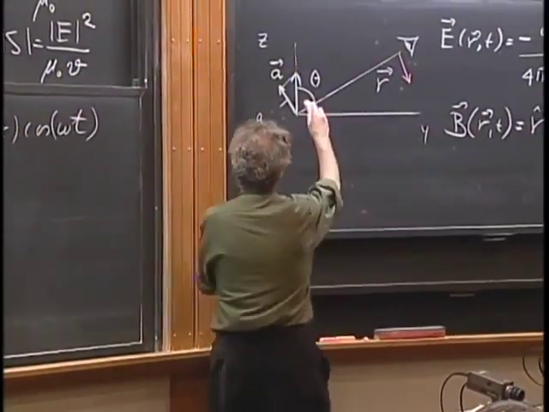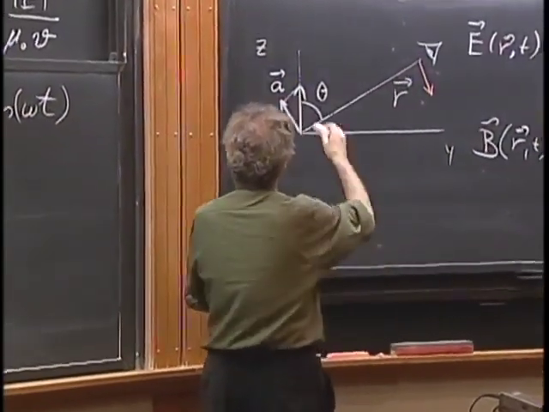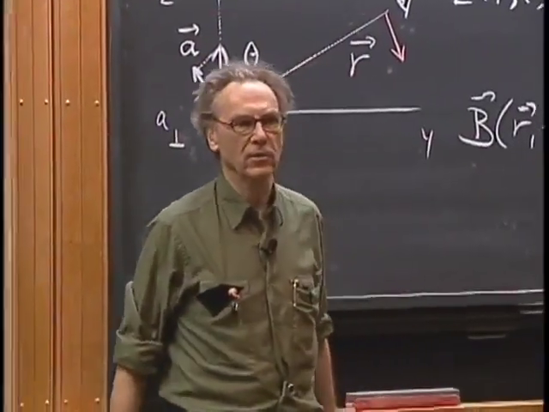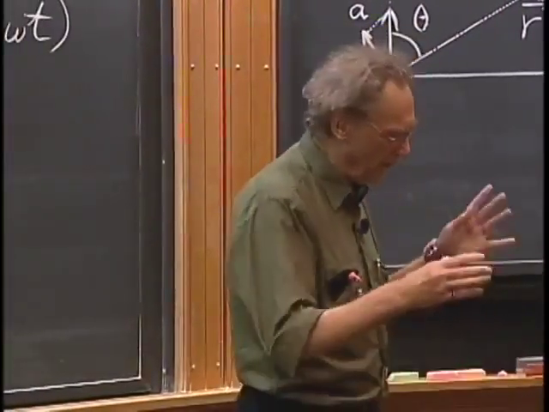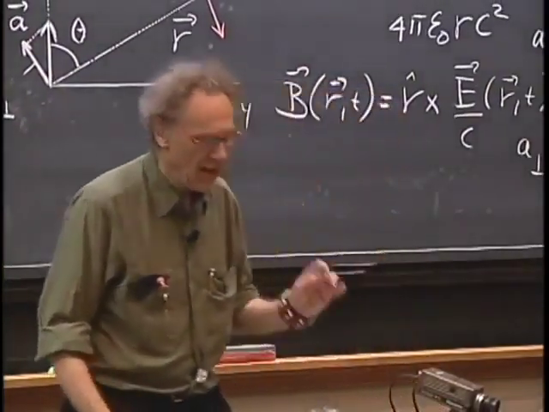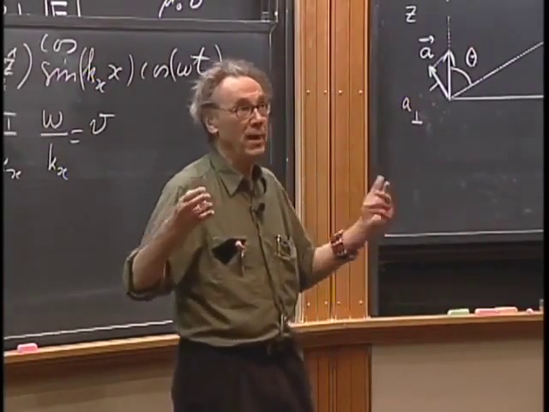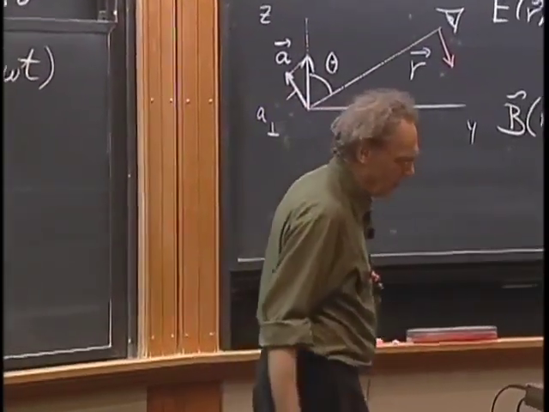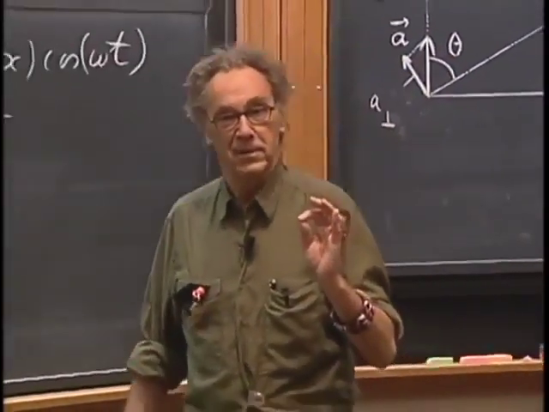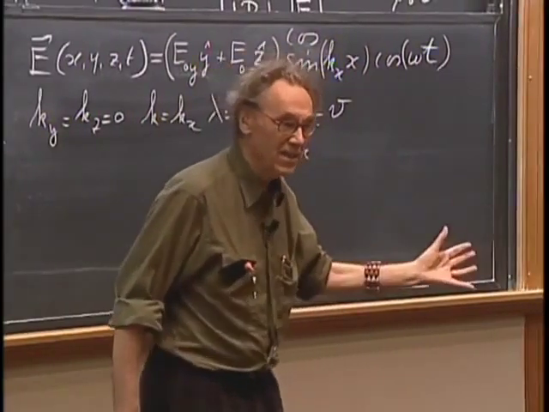If you happen to be at theta 90 degrees, you will see the maximum E possible. If you happen to be in this direction where theta is 0, you won't see any electric field. And so there's a very strong dependence of the magnitude of the E vector on the direction. And the same is true for the B vector, because the B and the E vector are always married to each other, so they get the same sine theta. So the Poynting vector is now going to be proportional to sine square theta, because you have an E and you have a B.